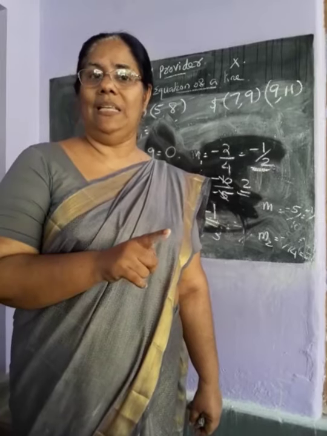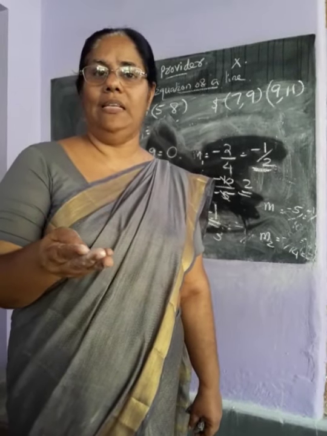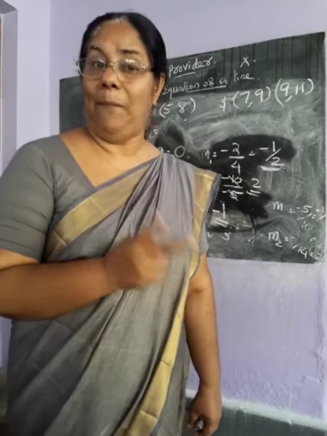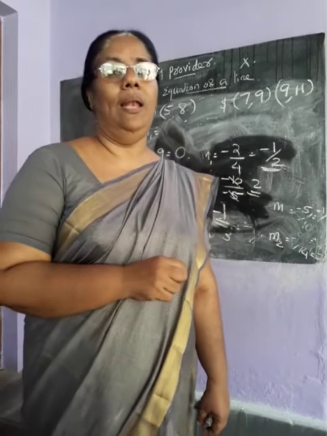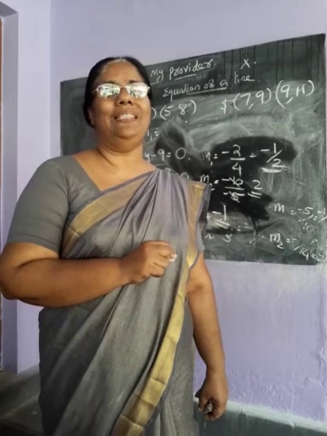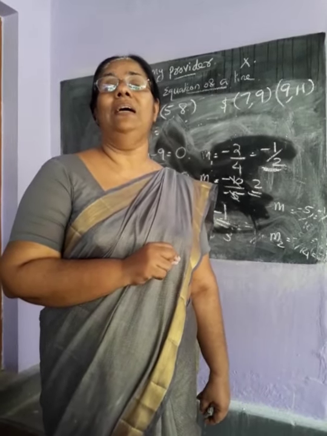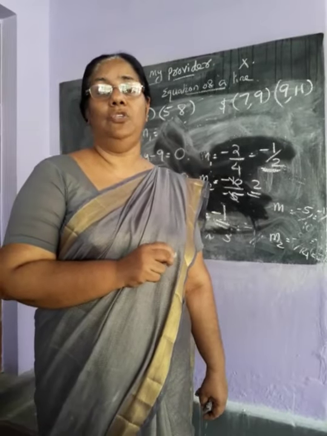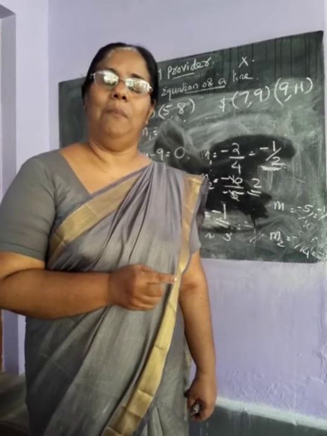First, three ways are there to find the slope. Two lines are parallel means slopes are equal. Two lines are perpendicular means one slope is the negative reciprocal of the other, or m1 into m2 is equal to minus 1.